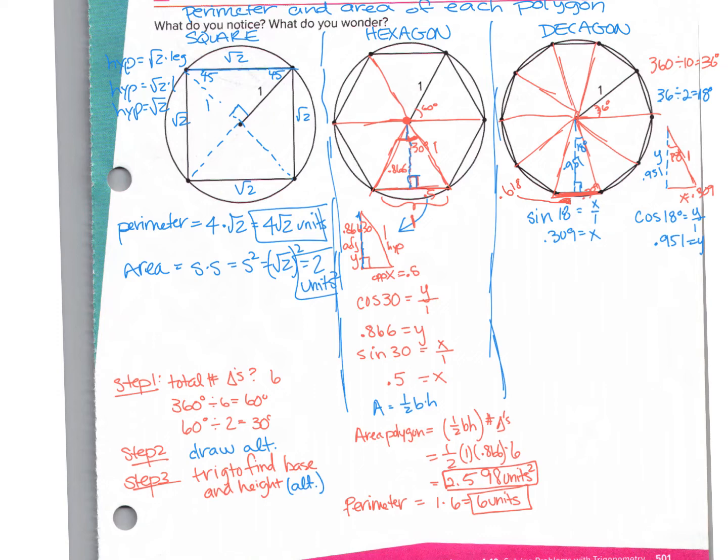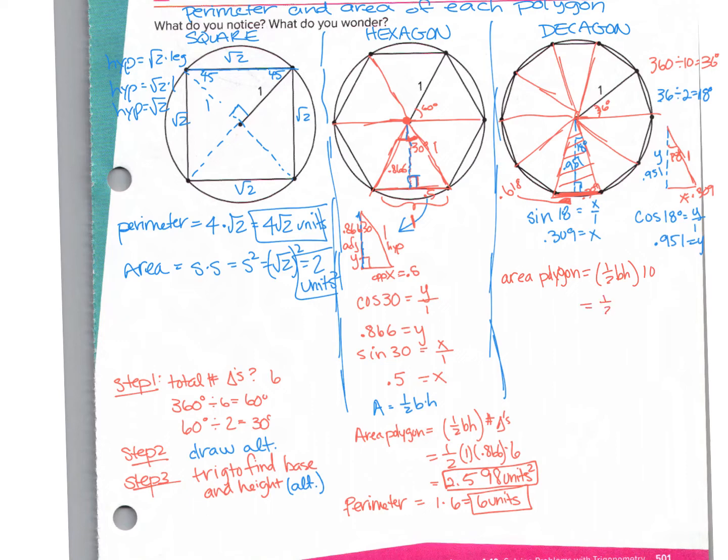So now I'm ready to find the area of this, and I'm going to shade it in, so it's going to look a little messy here, sorry. But I'm going to find the entire area of one of my 10 triangles. And I'm going to use that to find the area of my polygon, my decagon, because I'm going to find the area of this one triangle and multiply by 10.